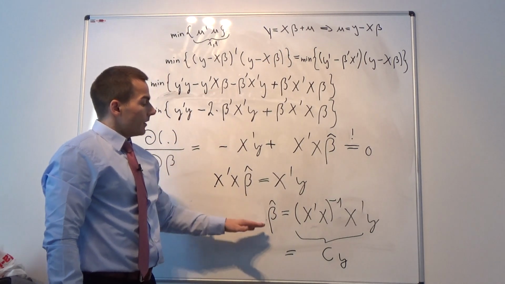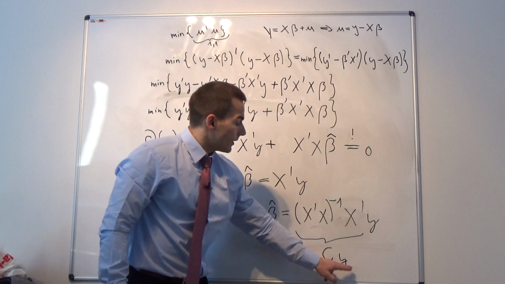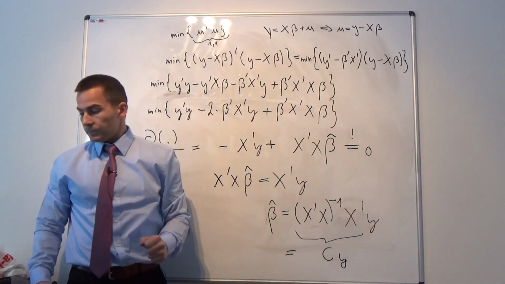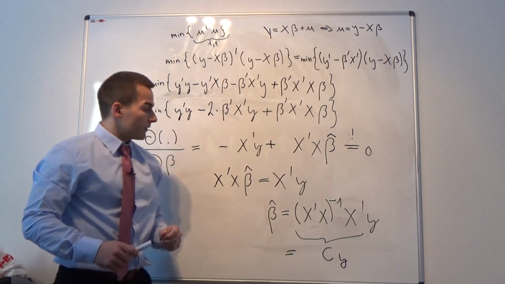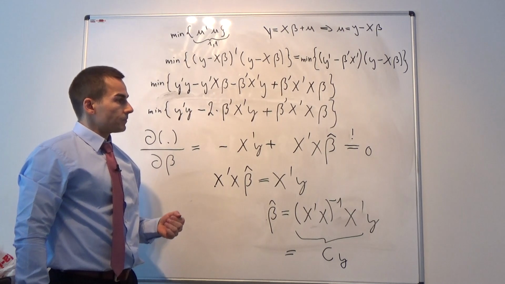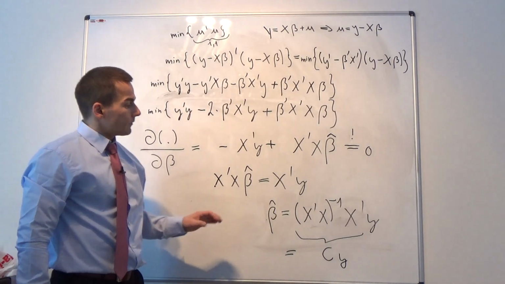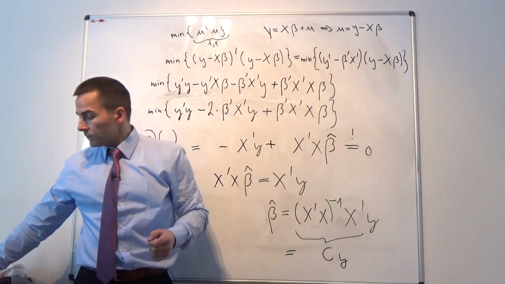So beta hat is a linear estimator, linear in Y. That's an important result, and we'll come back to that later. So let's move this equation up to the top of the whiteboard.